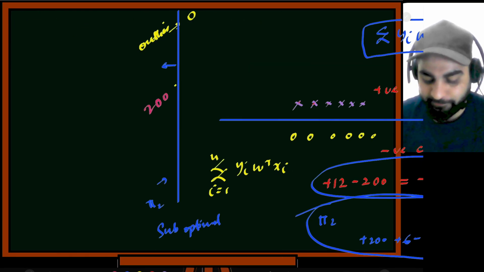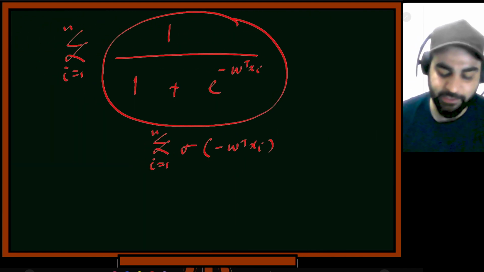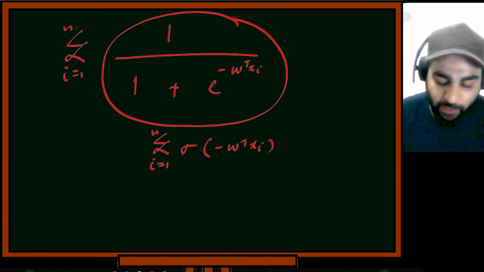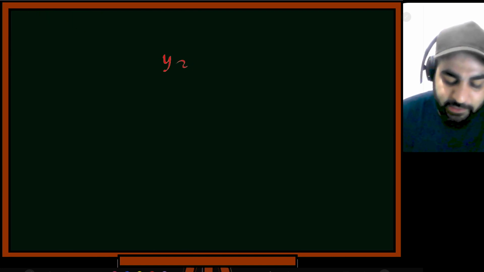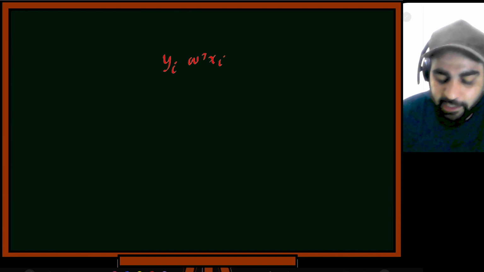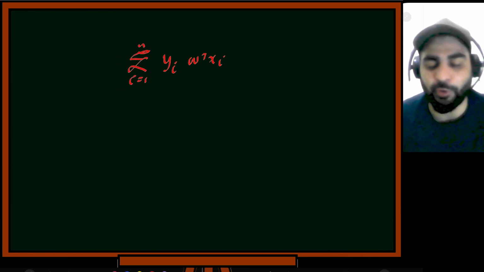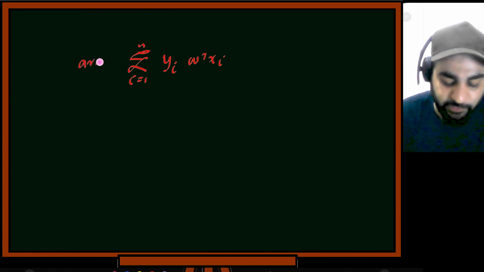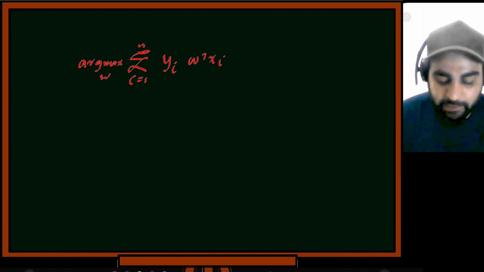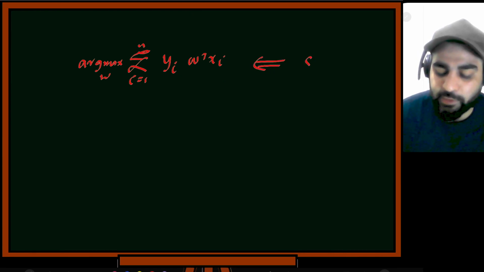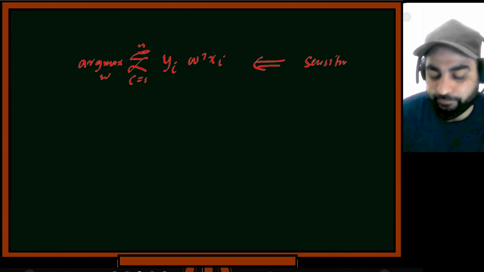So basically we wanted to maximize yi w transpose xi for all the points, but we saw that there was a problem with this. So we want argmax of this, such a w for which this equation gets maximized. Now you saw that this was sensitive to outliers.